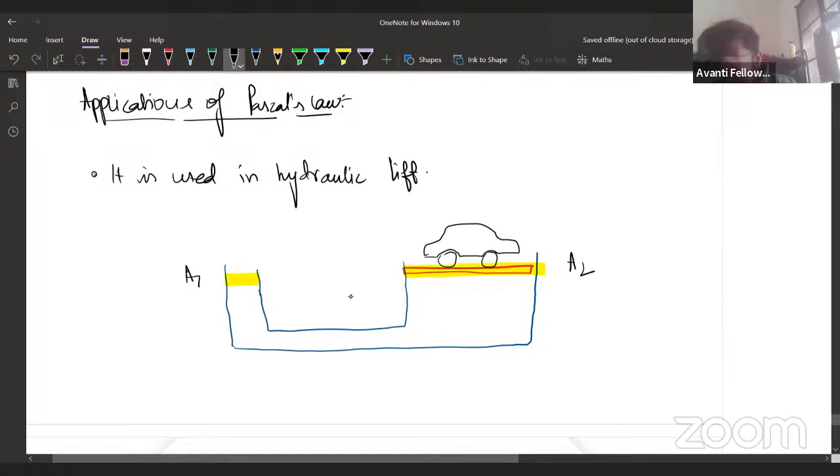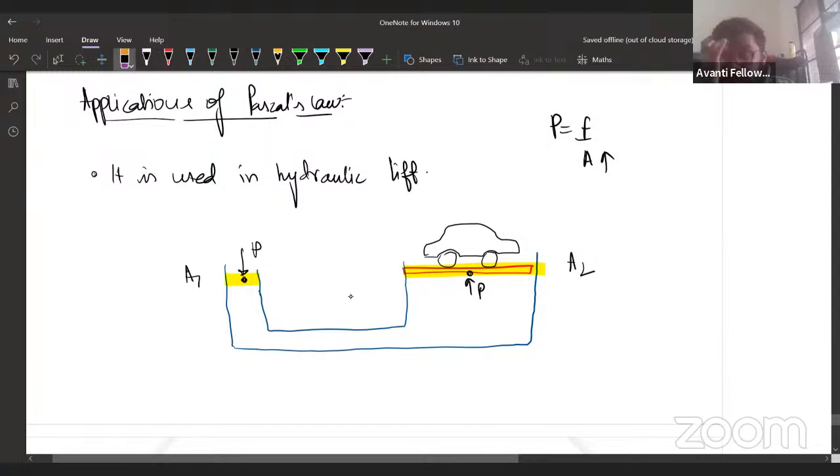We know the relation between pressure and area: pressure is equal to force by area. If the area is more, the pressure applied will be less, right? Here the area is very big. If I apply pressure P here, the same pressure will be applied here. So the pressure is the same in both cases.